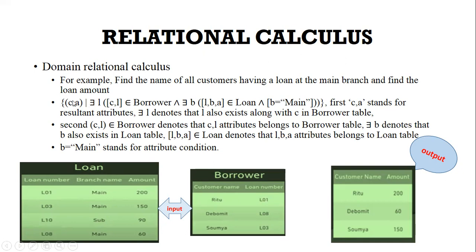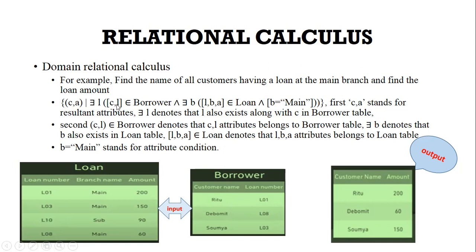So the query will be written as C comma A, such that extensional quantifier L of C comma L is an element of borrower, intersection extensional quantifier B of L comma B comma A is an element of loan, intersection B equal to main. The first C comma A stands for resultant attributes. The extensional quantifier L denotes that L also exists along with C in the borrower table.